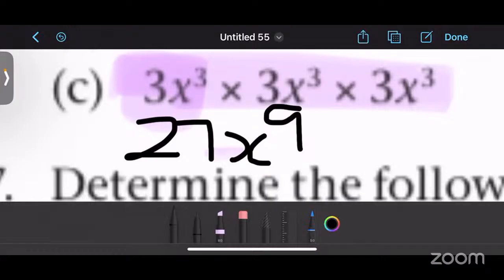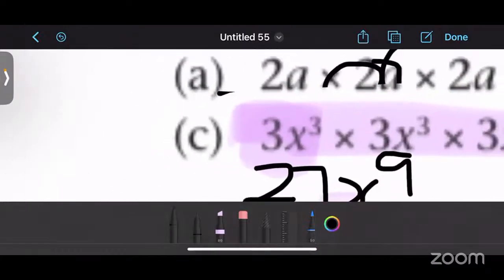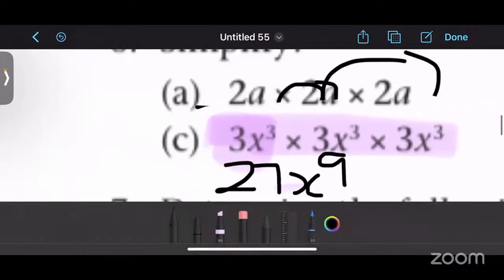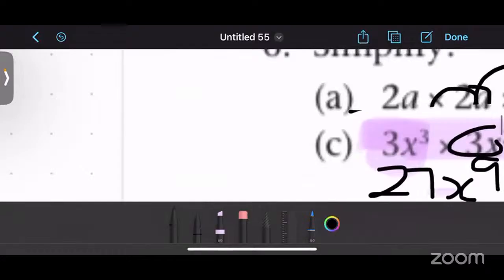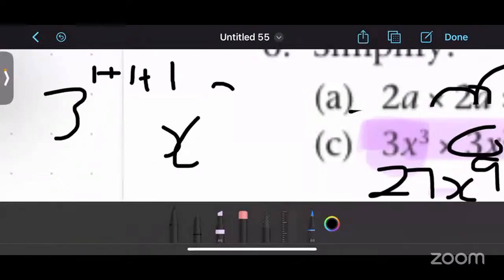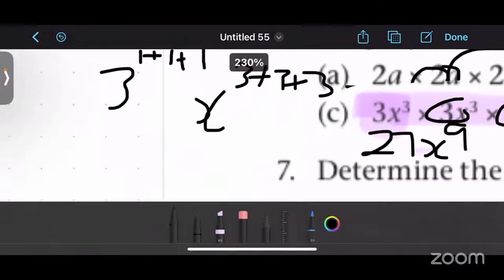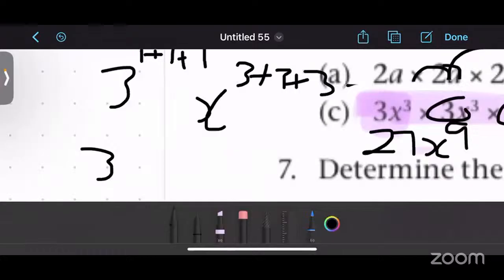That's true. And then another method to use, we said you are multiplying the same bases, so you can just add the exponents to make things easier for yourself. So we're going to have 3 to the power of 1 plus 1 plus 1, x to the power of 3 plus 3 plus 3. And then we have 3 to the power of 3, x to the power of 9.